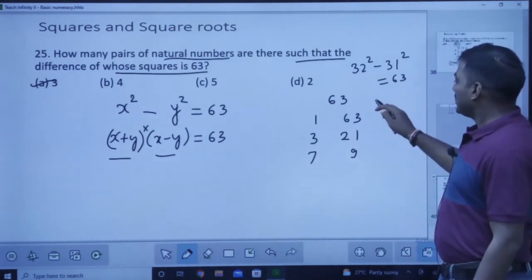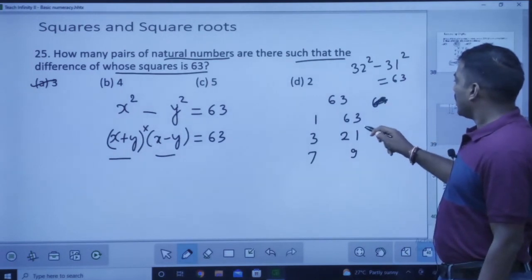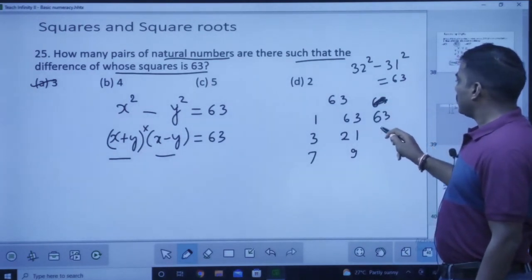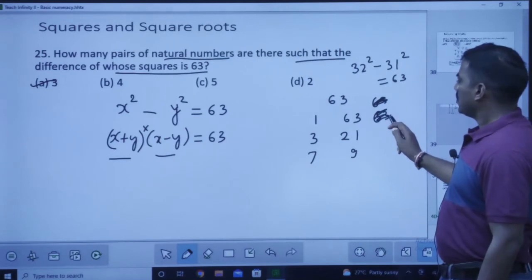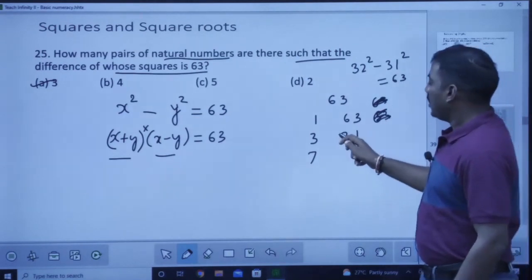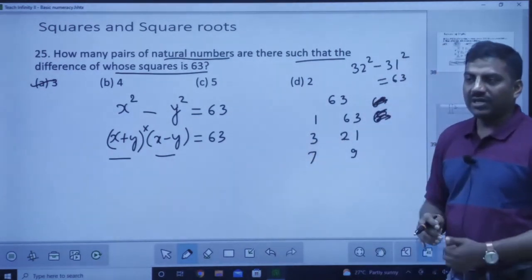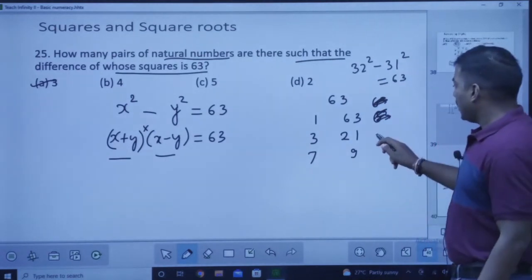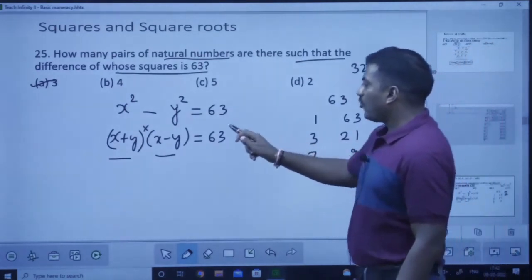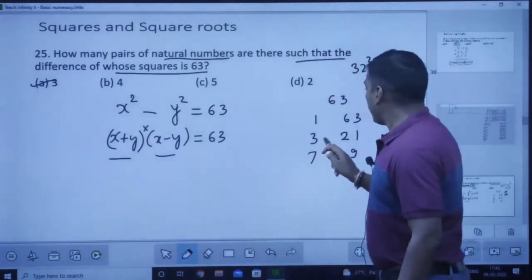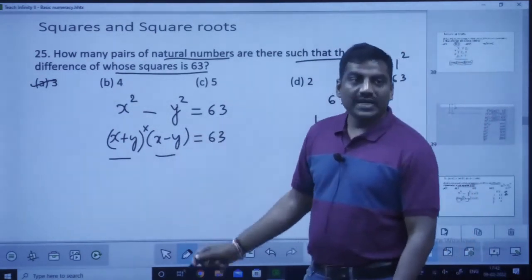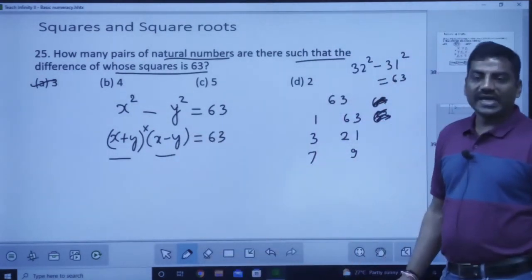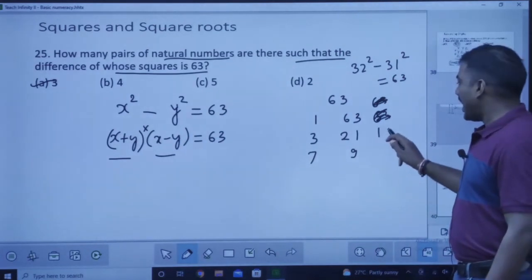Similarly, the difference between 63 square, what I am doing here, okay, 21 and 3. So basically, when you substitute 3 for x minus y and 21 for x plus y, you will get the values of x and y as 12 and 9.